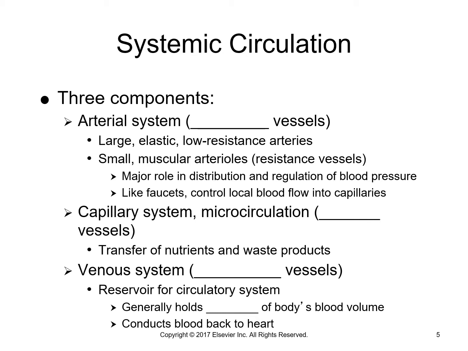These are large, elastic, low resistance arteries. They help transmit and maintain the head of pressure generated by the heart. So low resistance, they're large, they help keep that blood going out.